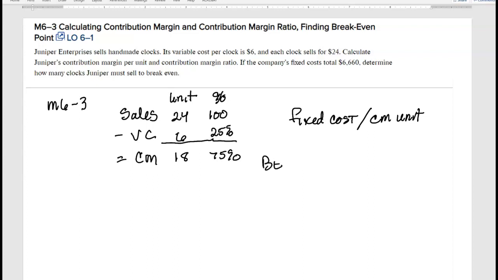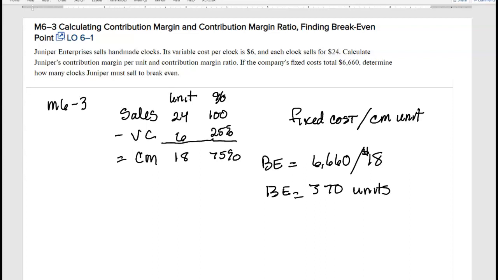So break even is equal to fixed cost, which is $6,660, divided by the contribution margin per unit of $18. So our break even is 370 units.